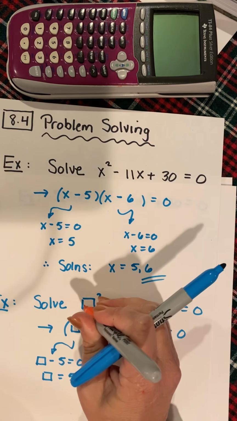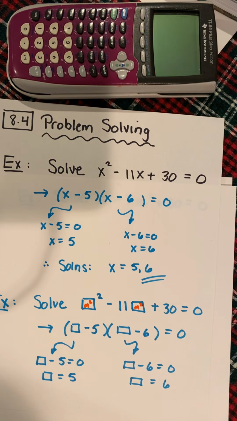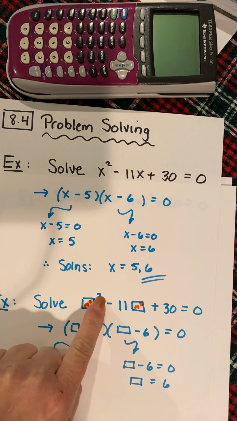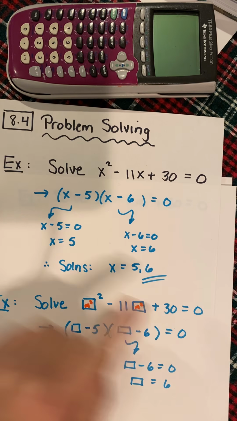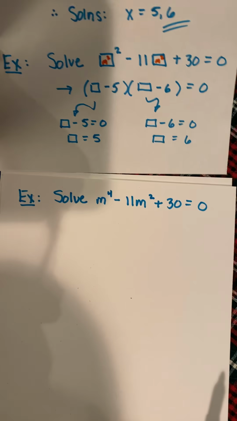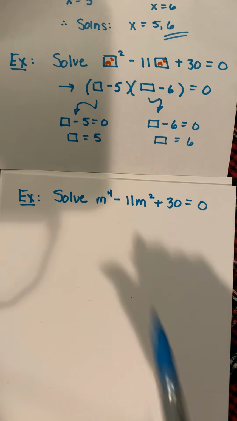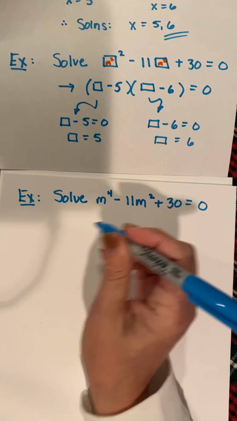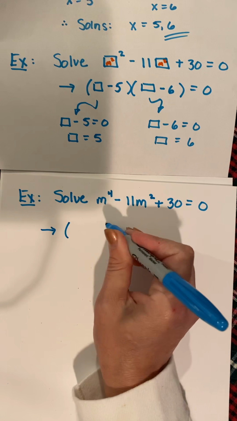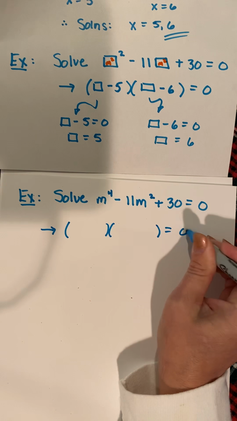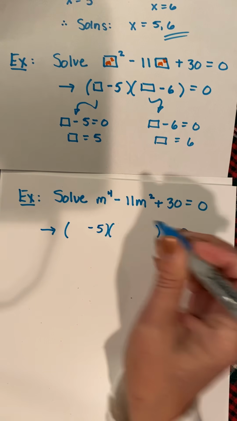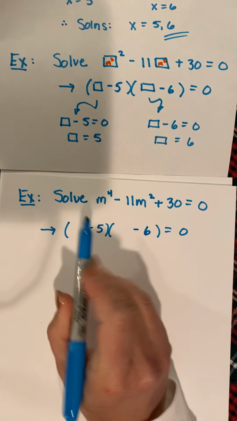So I can put m squared here and m squared here, and we have m squared squared, which is m to the 4th, minus 11m squared plus 30. So we actually have this problem. We can just imagine putting m squared in that box, and this factors nicely. We are still going to get the minus 5 and the minus 6 here, but what's going to go here and here?